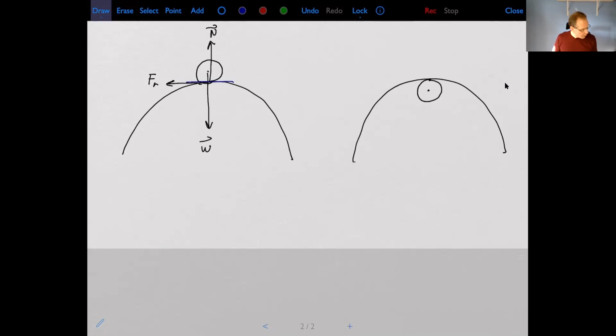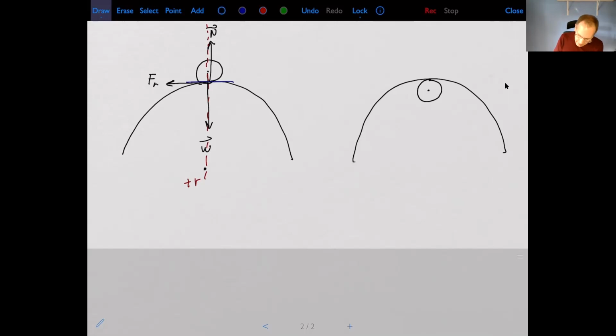Okay, so what we want to do is look at the sum of the forces just in the radial direction towards the center of that circle. So I'm going to call this direction right here, I'll do it in red, my plus R direction. You could say Y if you want. I'm just going to call it R for radial.